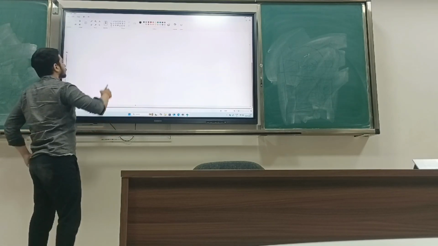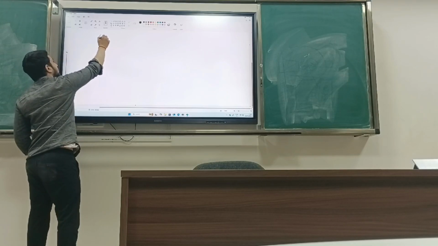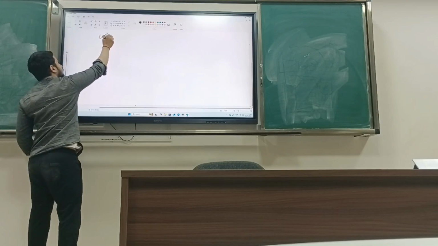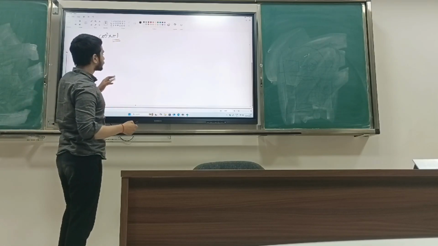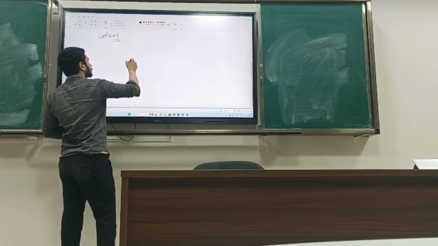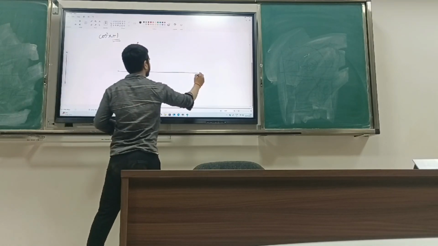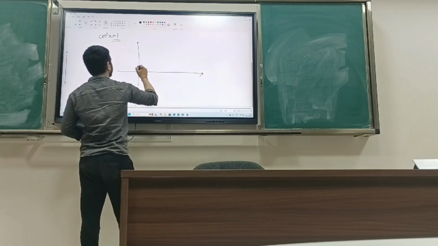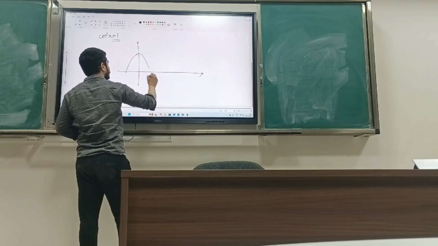Okay, so now if we have to draw the graph of cos square x plus 1, how will we draw it? Suppose this is the graph of cos x.